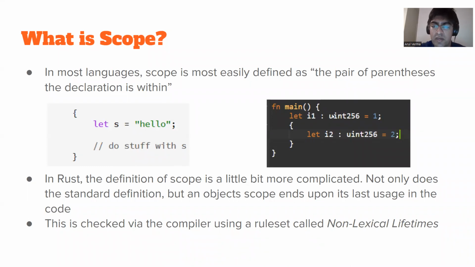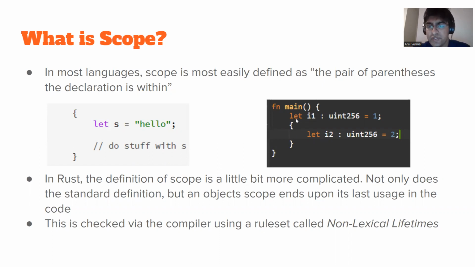If we say let i1: u256 equals 1, i1 exists throughout the entirety of this main function because it exists within these curly braces. And when we say i2 is a u256 too, i1 still exists within these curly braces, but i2 only exists within these inner curly braces. i2 does not exist past this closing curly brace, so if you try to access i2 or print it outside here, you'd get an error.